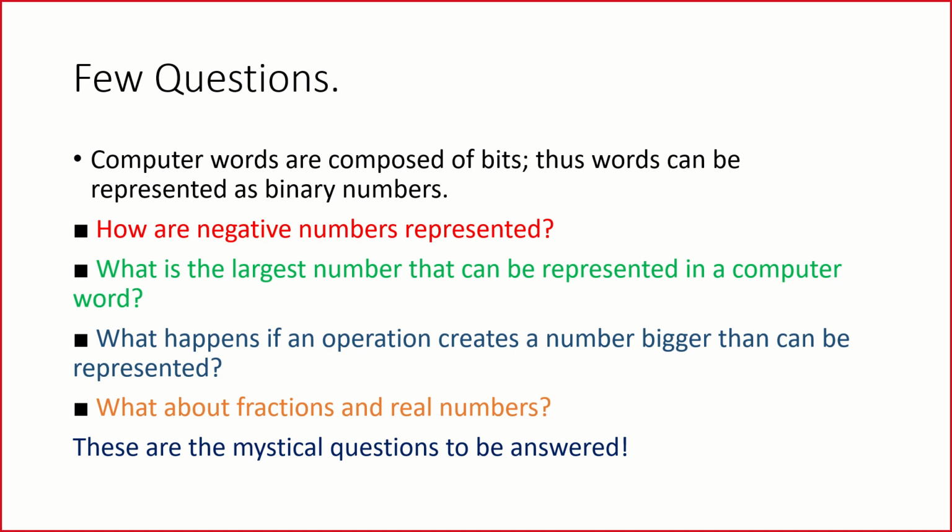Before we start, there are some questions that are to be raised and to be asked. We need to find out the answers to all this stuff by the time we complete this topic discussion. Computer words are composed of bits. We know everything is bits here, and we are going to play around with bits and binary numbers. Even here, it is no different.